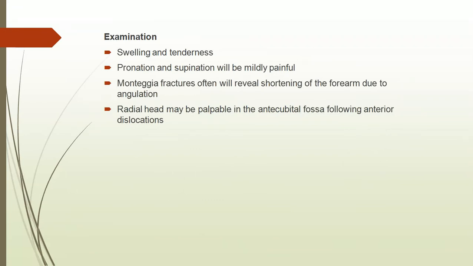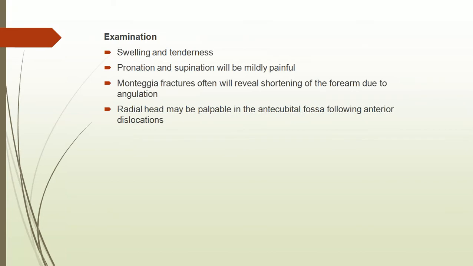On examination of a Monteggia fracture of the forearm, if you check clinically, there will be swelling first, then tenderness, and then movements will be painful: pronation and supination movements, as well as flexion and extension movements. Pronation and supination are mainly painful.